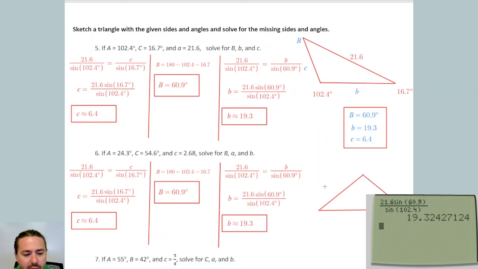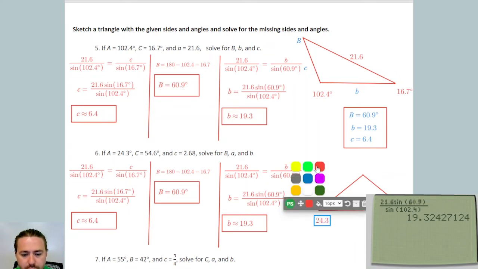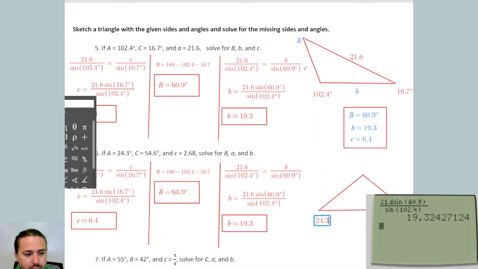Okay, so angle A is 24.3 degrees. Angle C is going to be 54.6 degrees. And angle B, we don't know. It's going to be one of our unknowns. We do know that side C is 2.68.